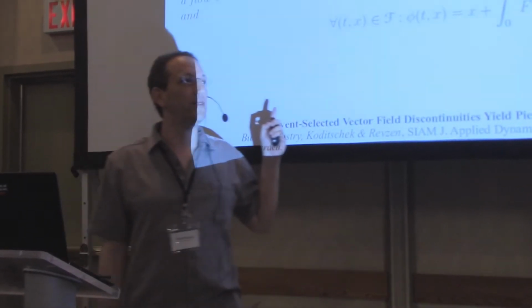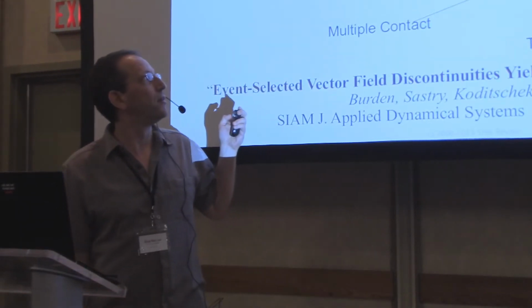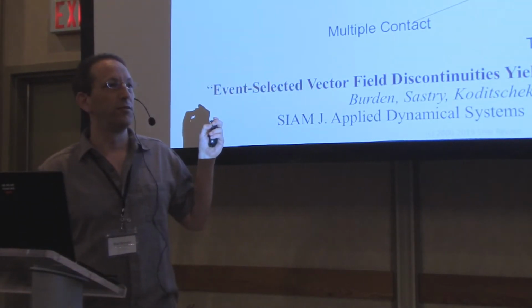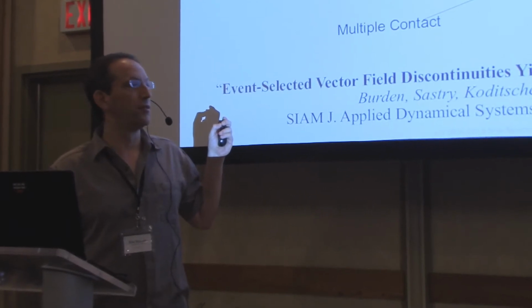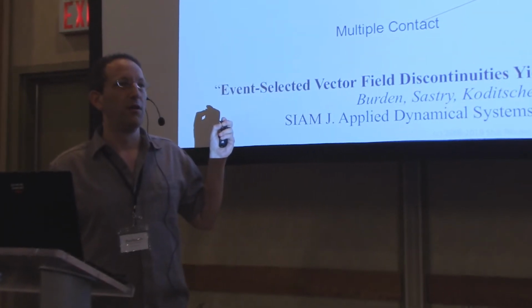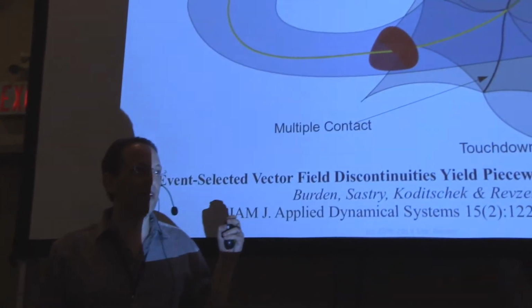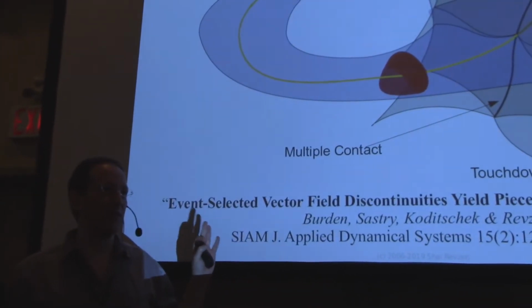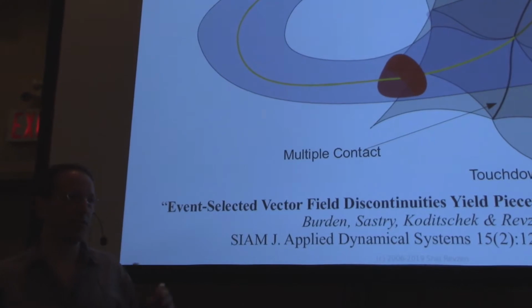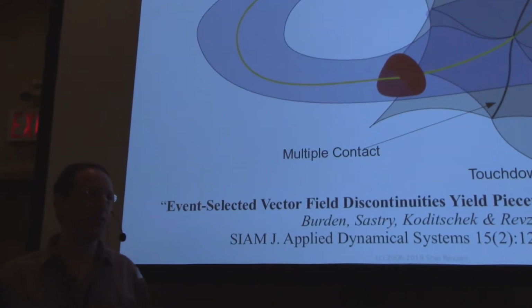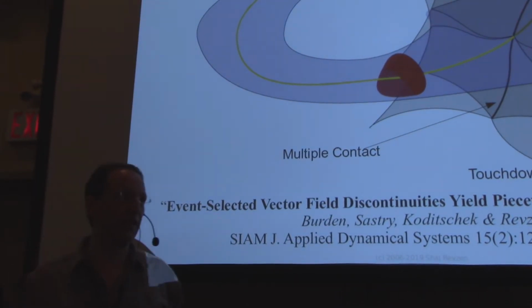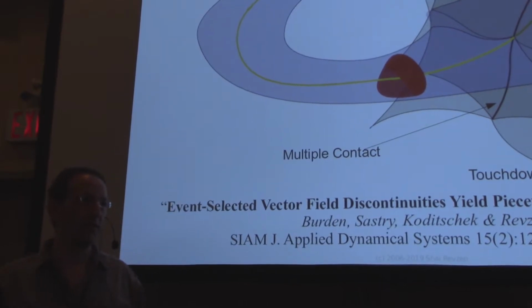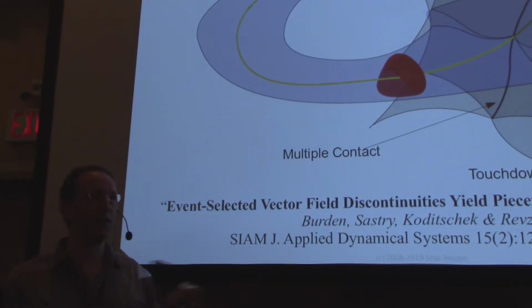Sorry, if you could just go back one slide. I don't understand some of the words you're using, like hybrid guards. What does that mean? So the guard in a hybrid system is the surface upon which the dynamics switch between smooth modes. So in the context of legged locomotion, that's usually the touchdown event of the leg. That's a surface in your state space where the dynamics are changing discontinuously.